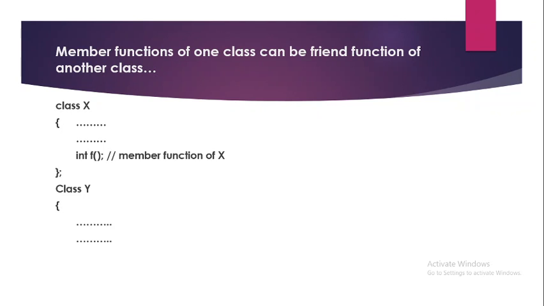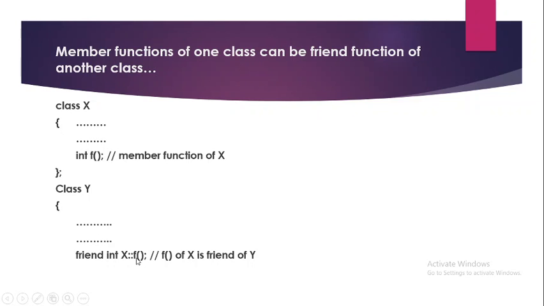Again some declarations, maybe data member functions are written over here. And now I want to declare this function f as a friend to class Y. So it should be written like this. The friend keyword will be compulsory because we are declaring this function f as a friend.